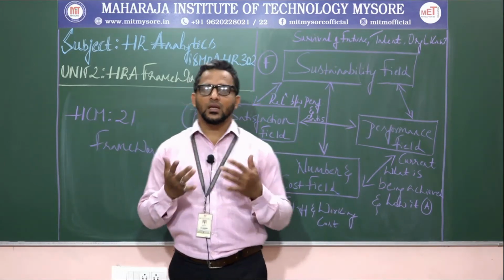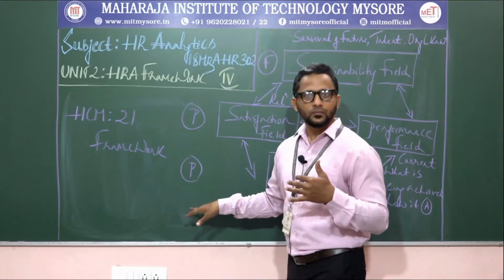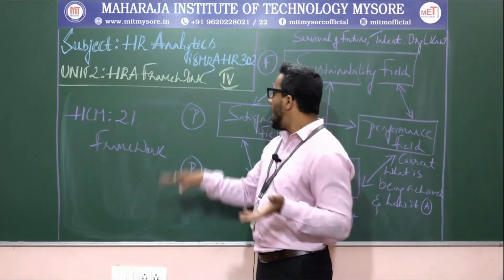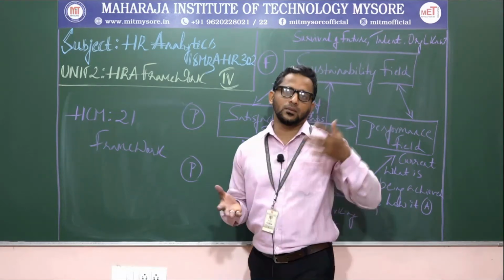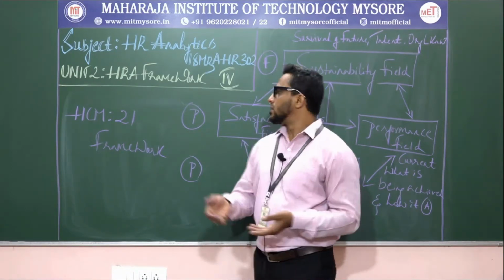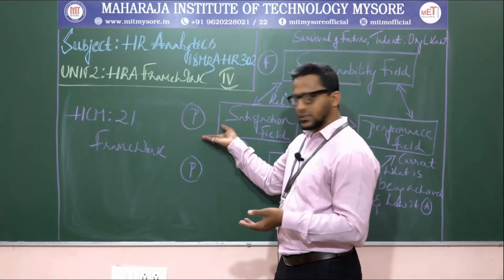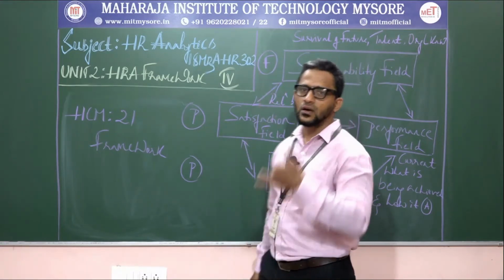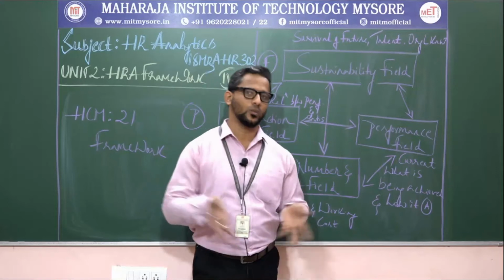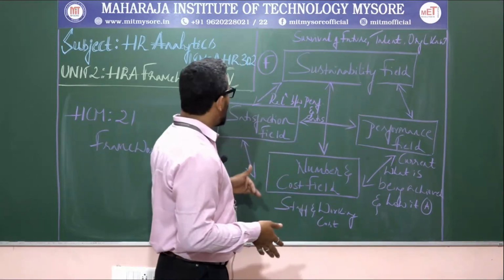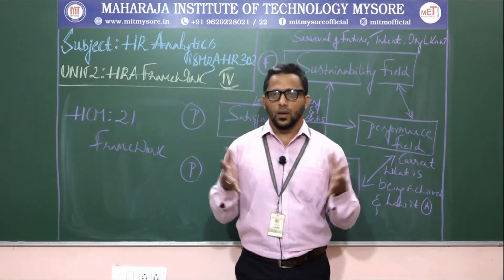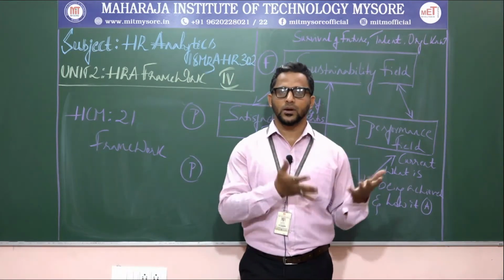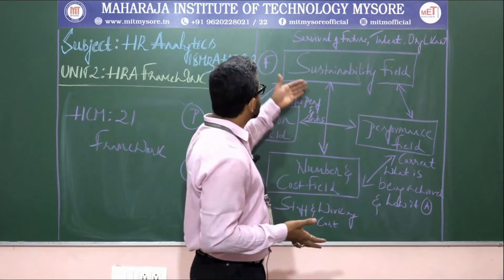Descriptive is where we want the past data, and predictive is where we take the past and the present data, and finally we have the future data, which is prescriptive. So remember, what I am trying to explain here is that the HCM 21 framework brings together scan, plan, predict and produce.